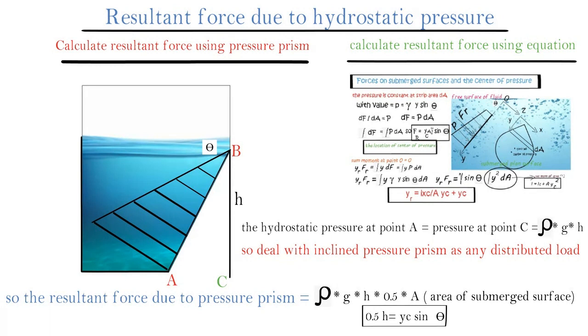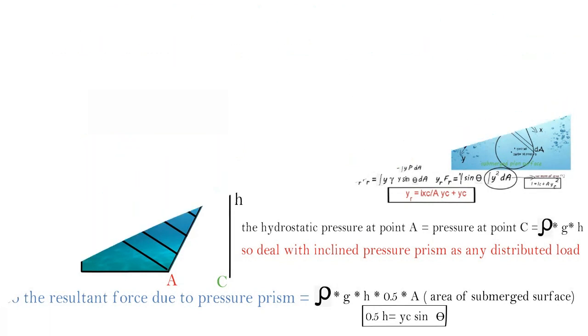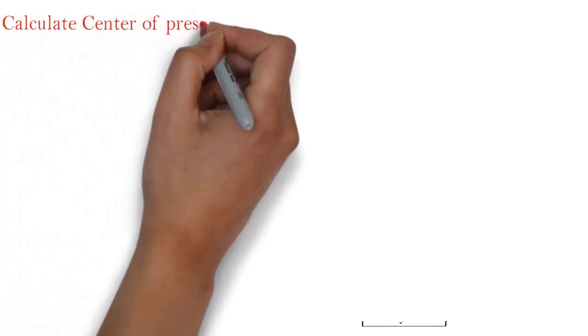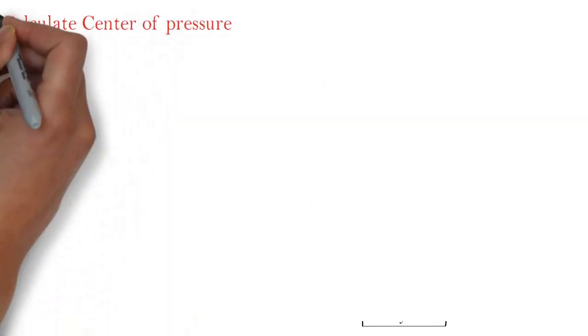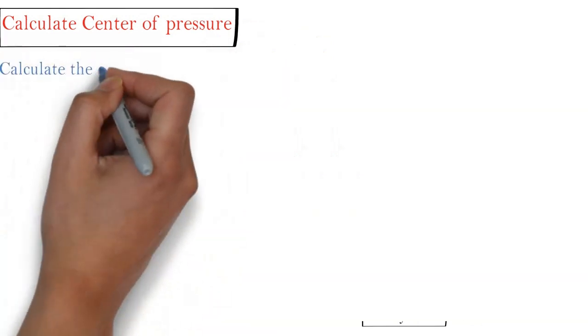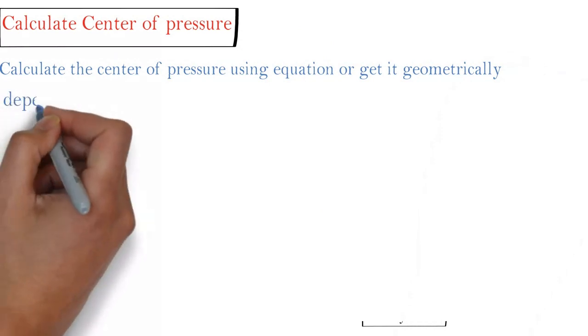If you substitute this value, you find this pressure prism equation equals the general equation in the second method. The next one is how to calculate the center of pressure, or the acting point of the resultant force due to hydrostatic pressure.